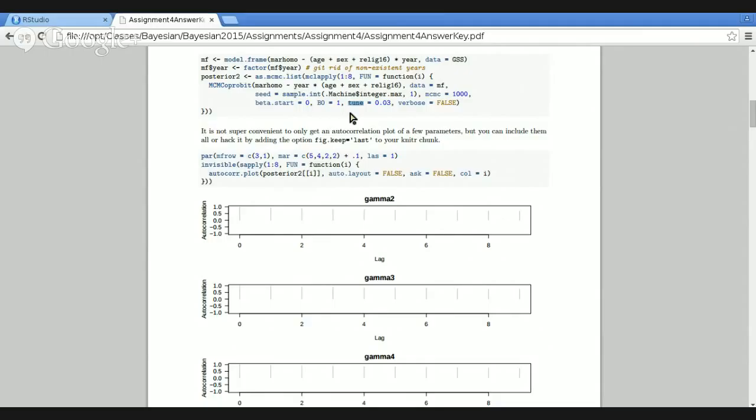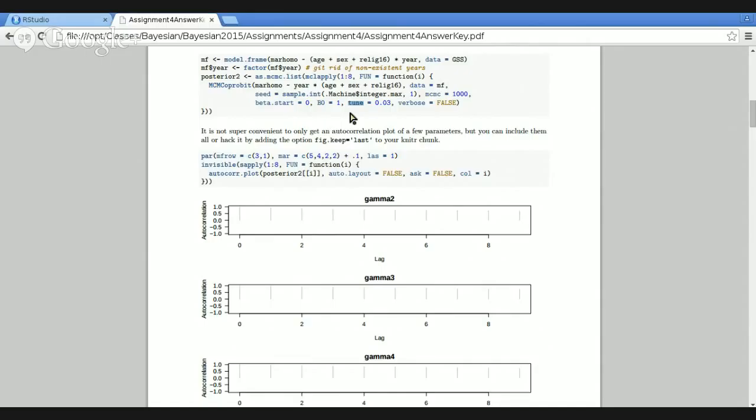I don't think it would make a whole lot of difference in this case, but you can play around with different values of tune and look at the output to see what looks like it's achieving an acceptance rate that's close to 0.25. And then you could run it with more iterations or something like that.